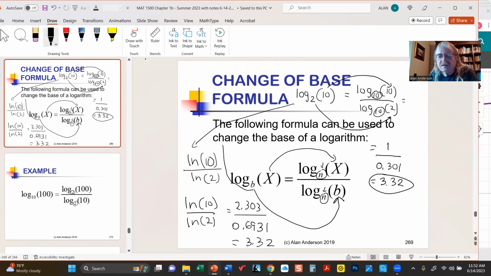It's 2.303 instead of 1. The denominator is 0.6931 instead of 0.301, but the ratio is the same. That's all that matters. So the log base 2 of 10 is about 3.32, and here's how we can figure it out with our calculators with this change of base formula. And that's why the calculators don't have to have every possible logarithm under the sun. Otherwise, you'd have to buy a whole calculator just for logs. Luckily, we have this formula, which makes that unnecessary.